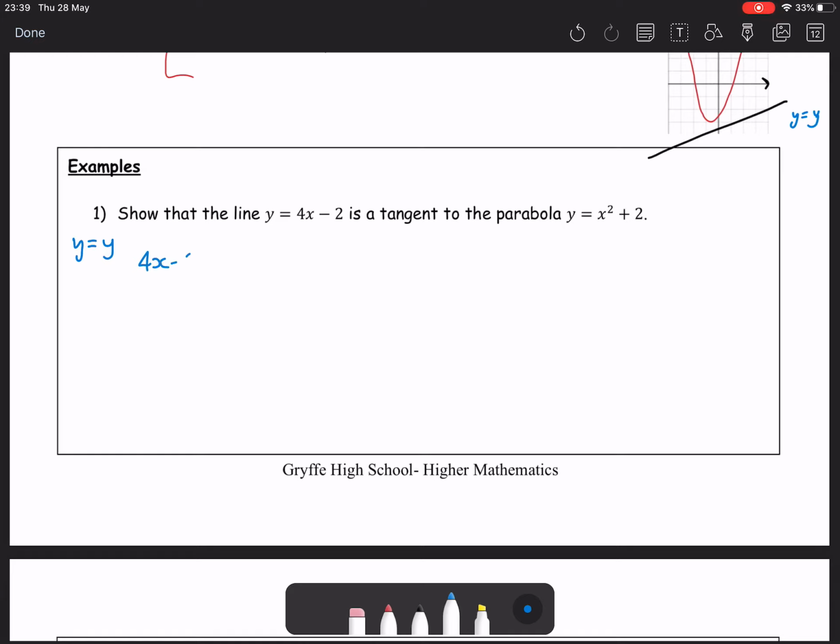So y is equal to 4x minus 2. y is also equal to x squared plus 2. Take away 4x from both sides, gives you x squared minus 4x plus 2. Add 2 to both sides, gives you x squared minus 4x plus 4.